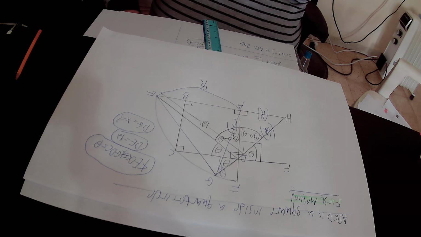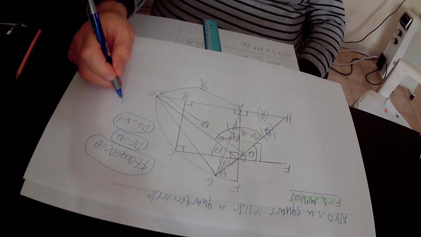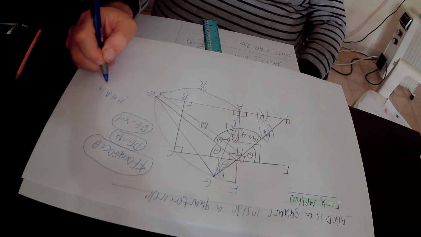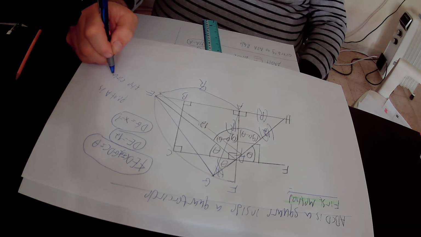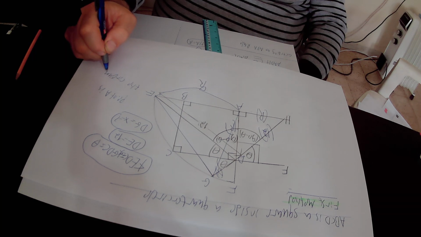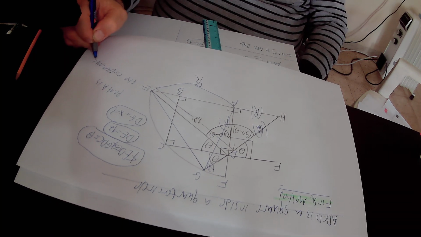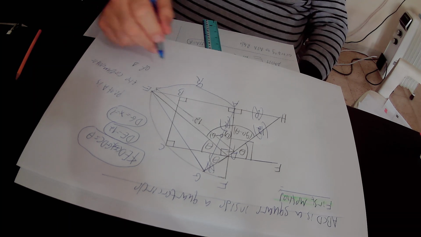We'll explain what I mean. So, first of all, I'll write it down. Point A is the circumcenter of triangle HGE.